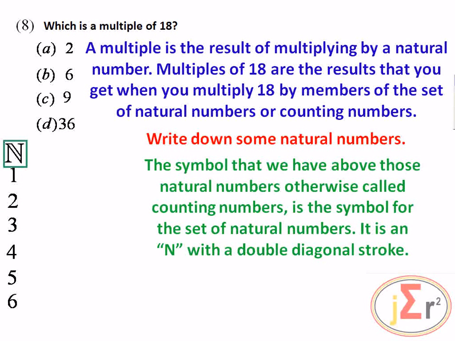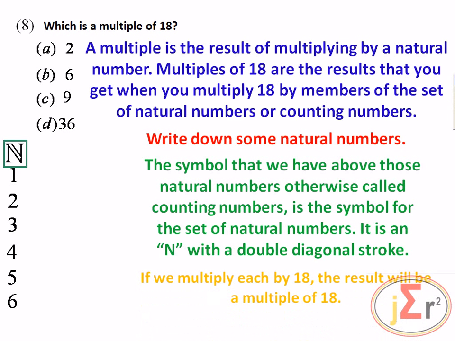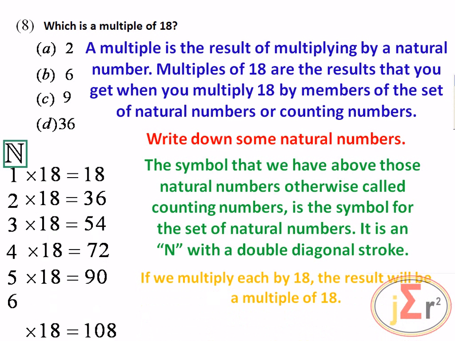And that is a fancy N, or it is an N with a diagonal stroke or double diagonal stroke, as we have it right there. So that is your symbol for a natural number, or the set of natural numbers. If we multiply each by 18, the result will be multiples of 18.